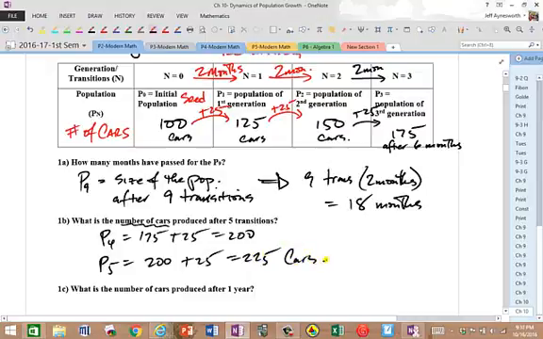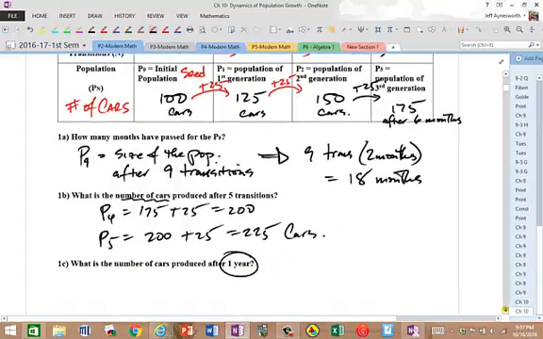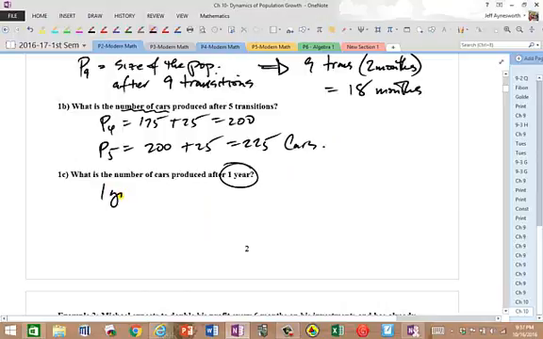All right, next question. What is the number of cars produced after 1 year? Well, 1 year equals 12 months. So the question is, how many transitions is that? How many 2 month periods do you have in 12 months?